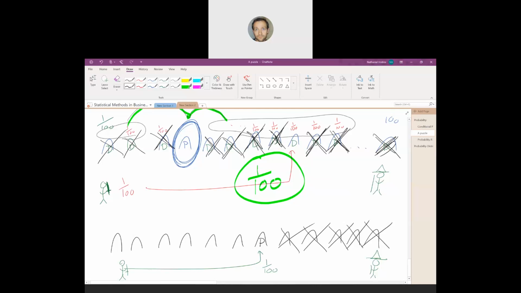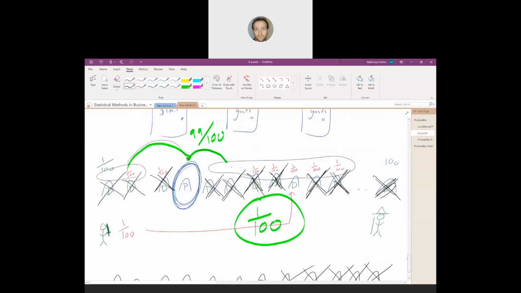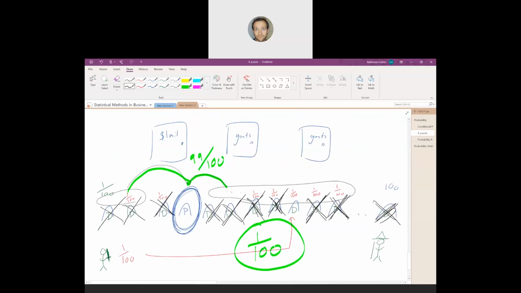The difference here is, in this case up above, the wizard is forced to reveal all the caves except the one with the princess inside of it. So the wizard doesn't have a choice in this case.